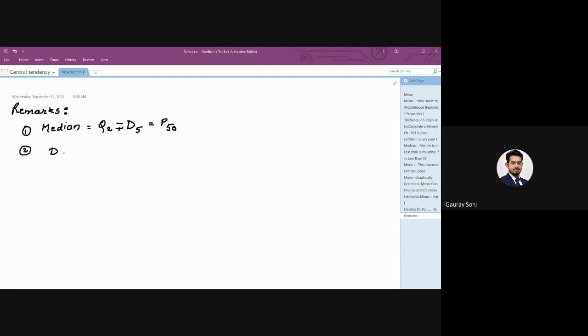Can you relate D1 to some of the percentiles? First decile will be equal to which percentile? Yes, 10th percentile, exactly. Then D2 will be equal to 20th percentile, right?